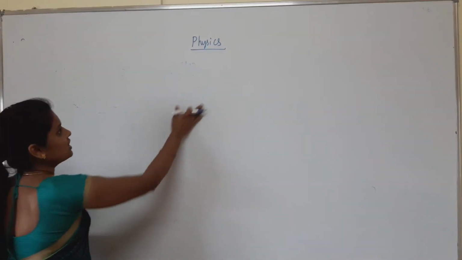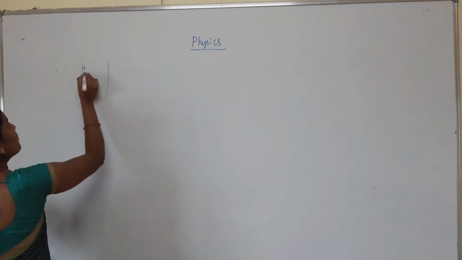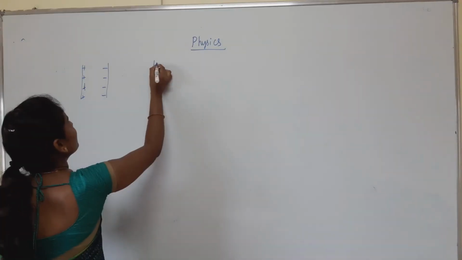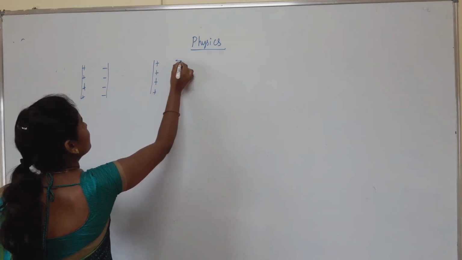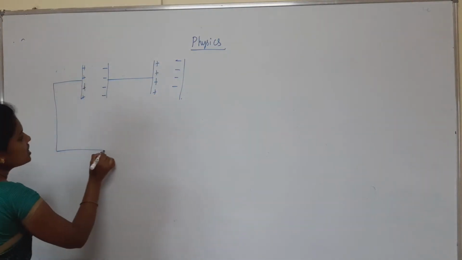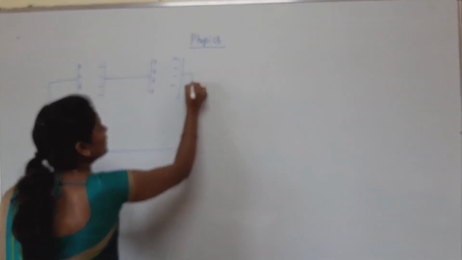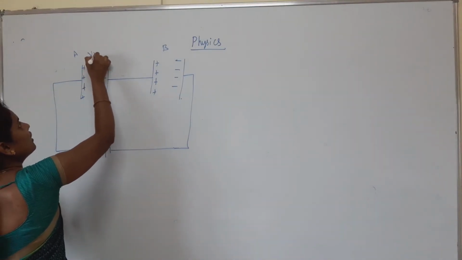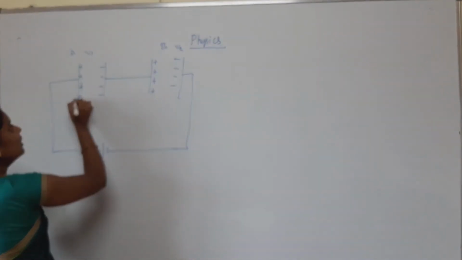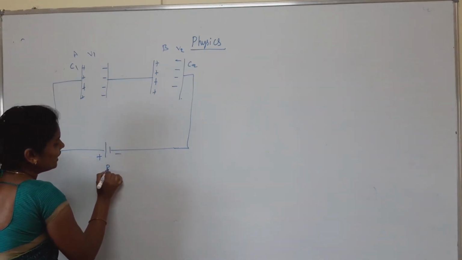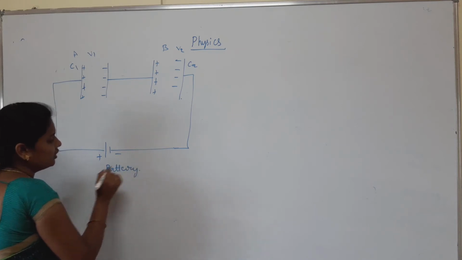Consider two capacitors connected in series, end to end, with the other terminals connected to a battery, which gives a potential difference.